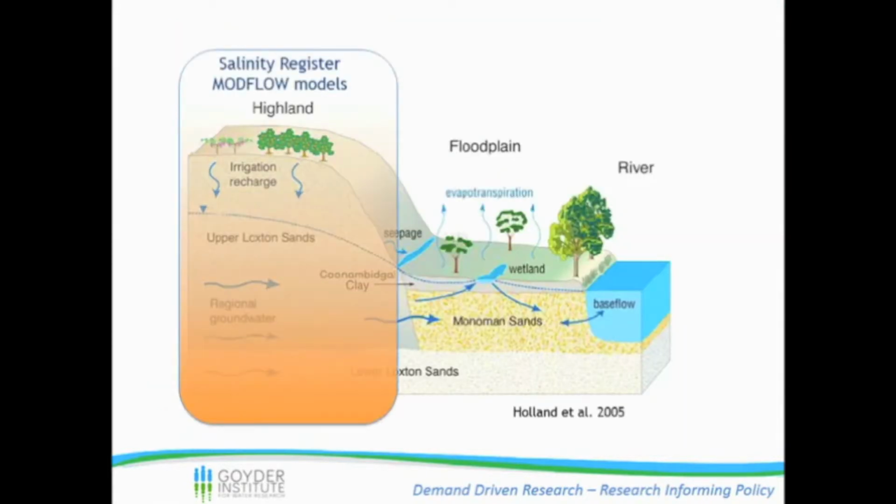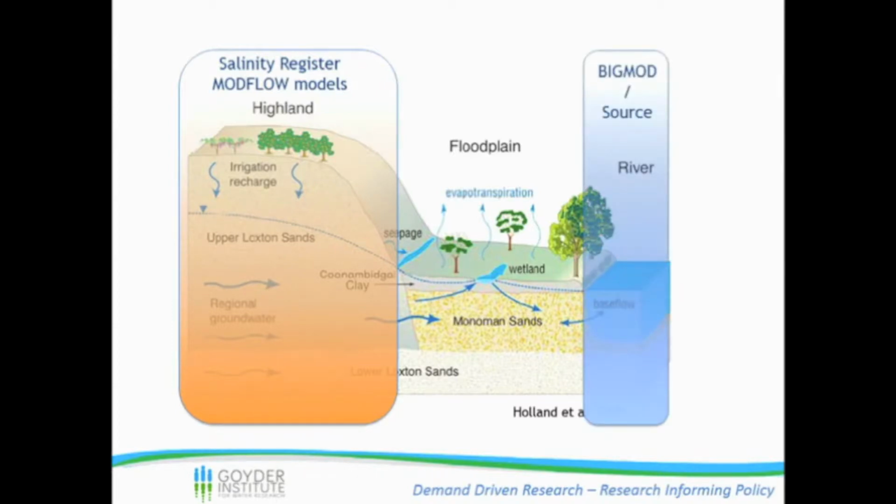So the state of modelling at the moment is that we have very, very nice models, if I say so myself, of the regional groundwater inputs, the Salinity Register MODFLOW models, which myself and a couple of other people in the room work on, Chris Lee and Katia Bushaway in particular. And our counterparts in surface water at DEW have models, and at MDBA have models of the river.